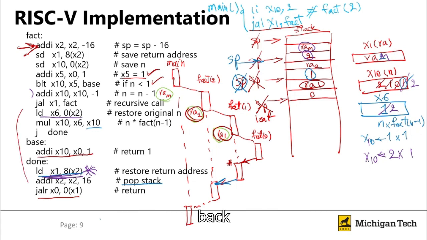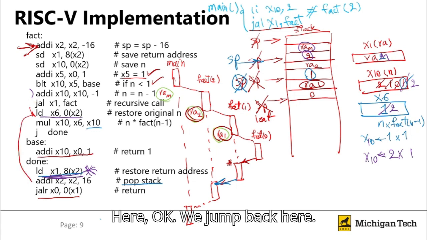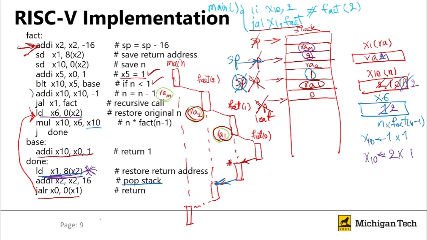We jump back here. Actually here. We load x2 0, that is 2.